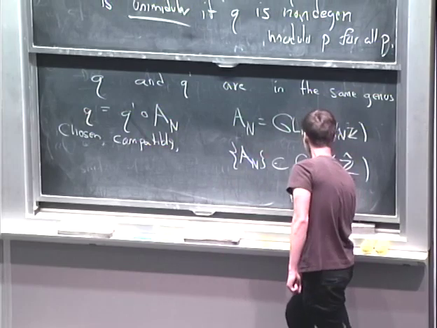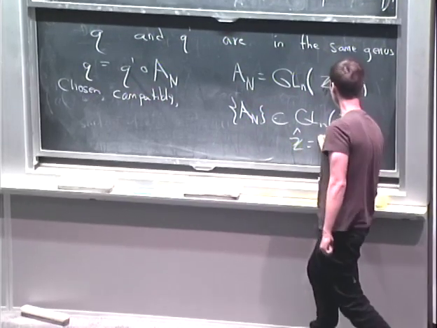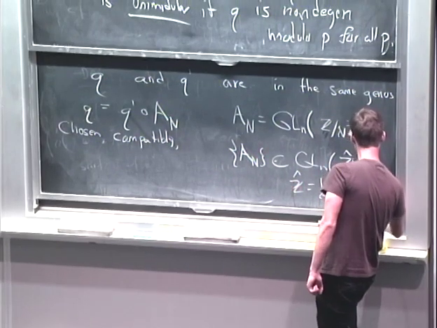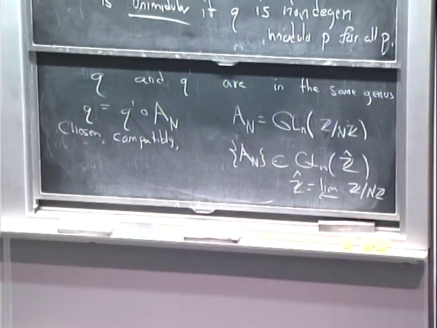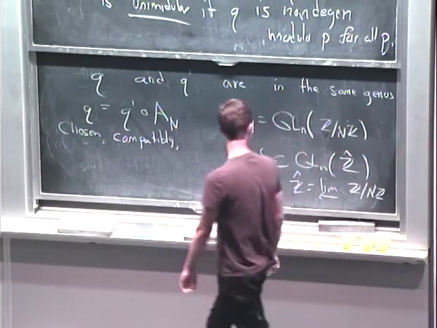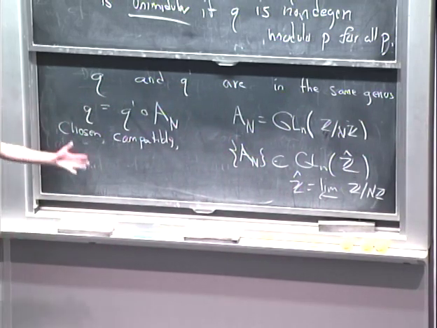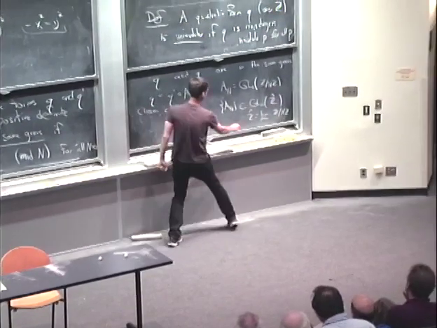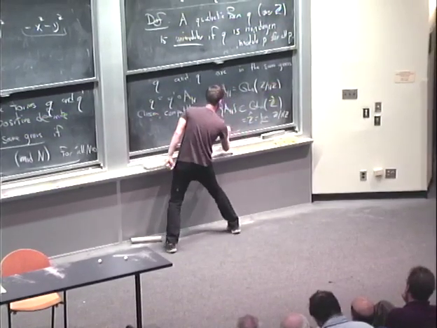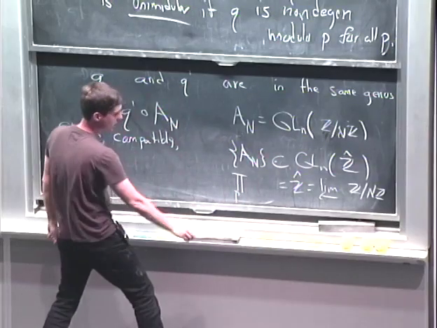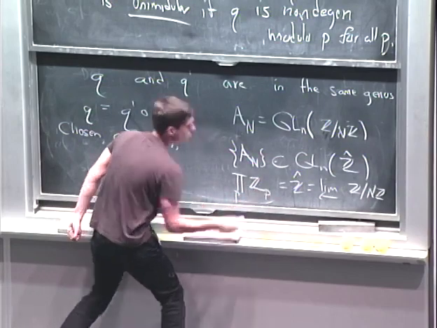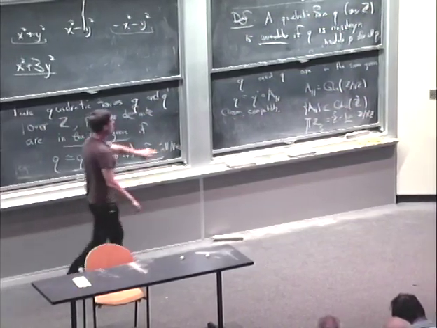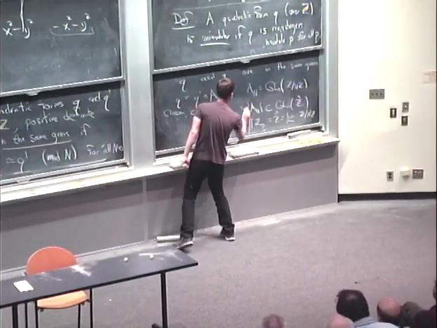Here, Z hat means the profinite completion of Z. It's the inverse limit of the ring Z mod n as n ranges through all the positive integers. Or by the Chinese remainder theorem, you can write Z hat as a product over all primes p of the ring of p-adic integers. So let's call this matrix A.